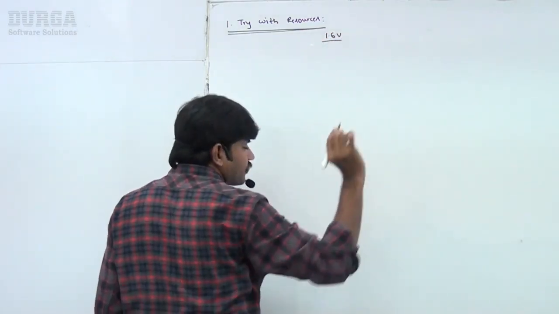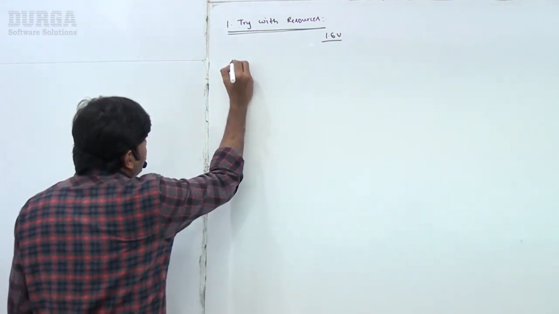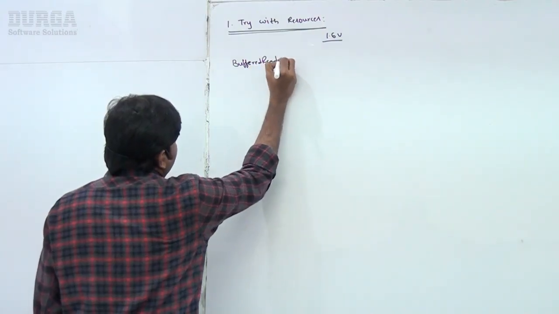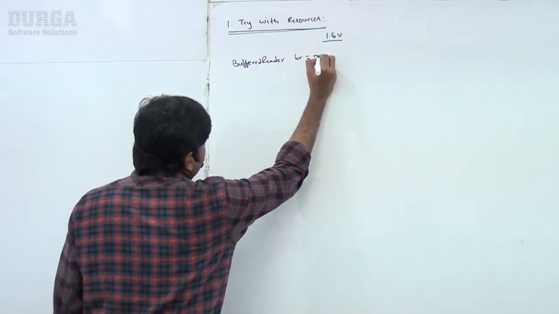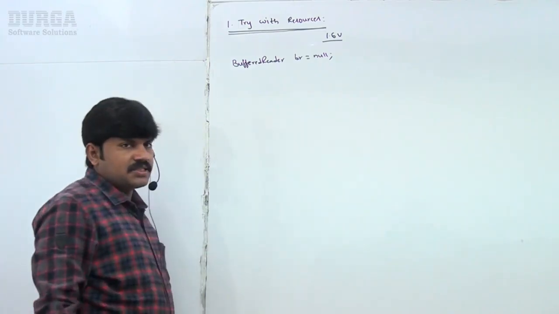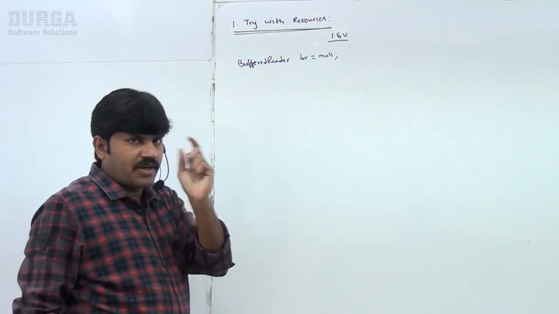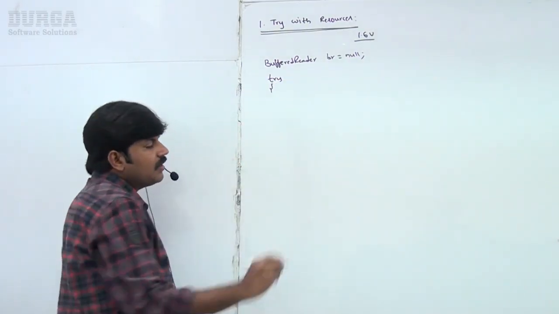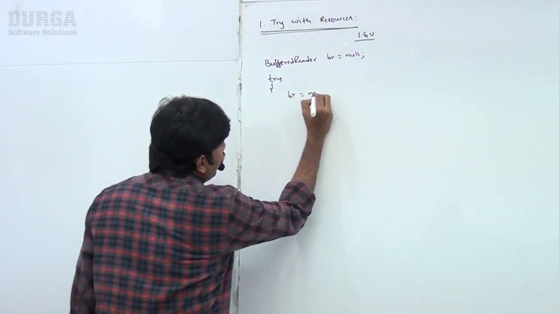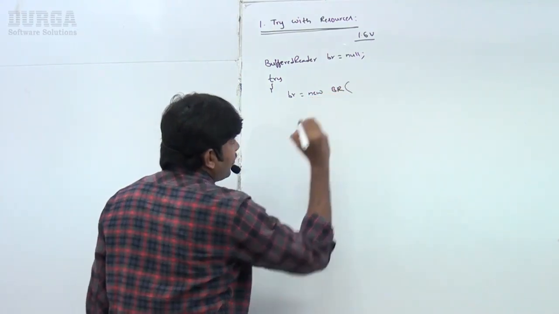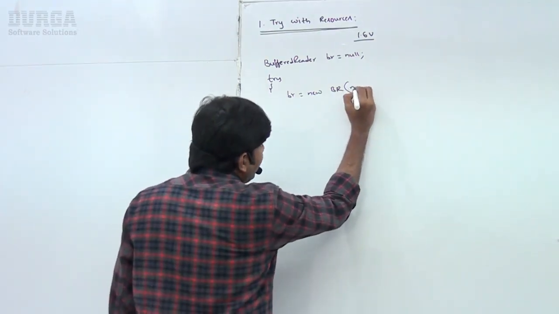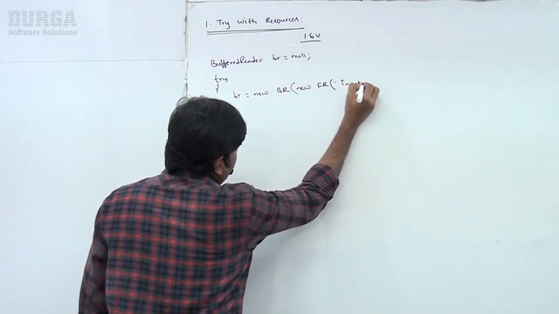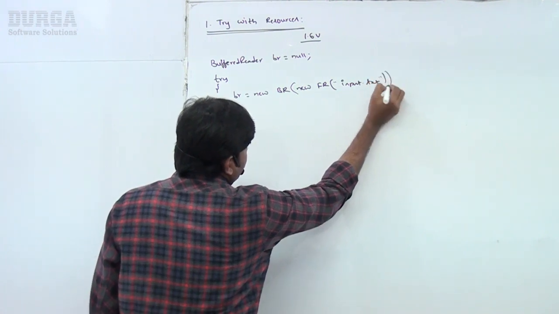Here I open a BufferedReader. I'm declaring the BufferedReader resource: BufferedReader br = null. Now, in try, br = new BufferedReader(new FileReader("input.txt")).